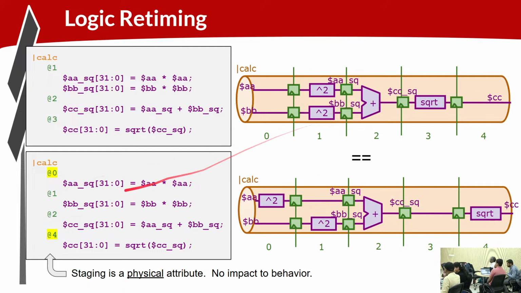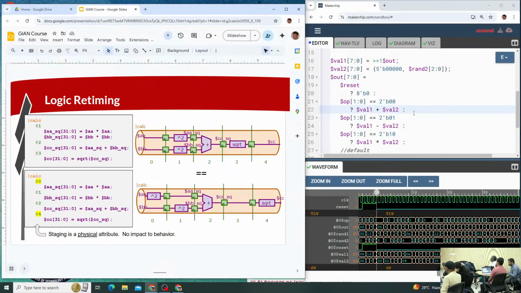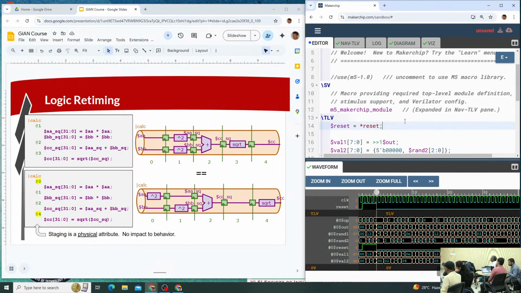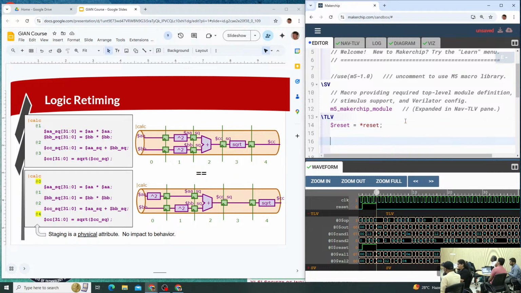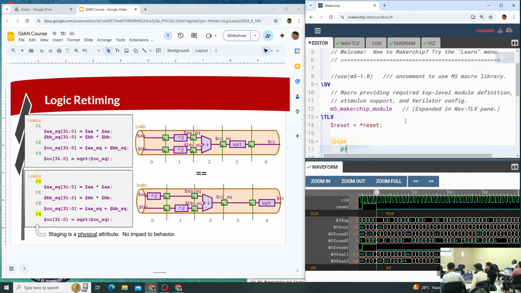Right. So these references, like A squared, is a pipe signal, not a signal, right? So the declaration, which is sort of implicit here of A squared, defines... actually, let me jump over to Makerchip. It'll be pretty apparent there. So let me just make a separate pipeline with stage 1.